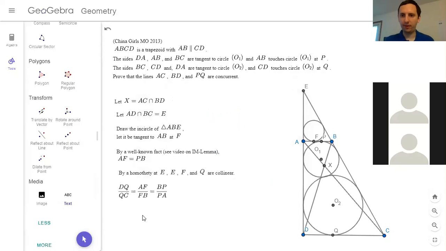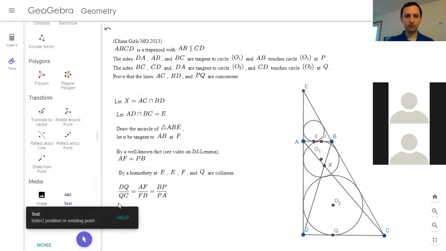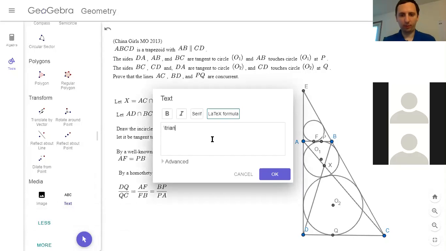And so we have triangles AXB and CXD are similar, with P corresponding to Q, and then that means that PX and Q are collinear.